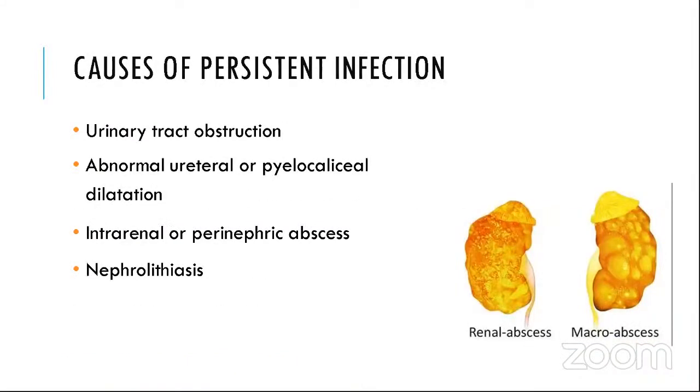Causes of persistent infection. Number one cause is urinary tract obstruction. Abnormal ureteral or pyelocalyceal dilatation. Renal or perinephric abscess resulting from previous infection.